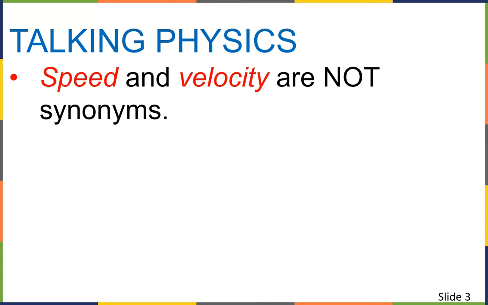It's taking the size, what we call the magnitude, of the value with its units, but not the direction. So speed is a scalar. The name for something that has just magnitude without direction is scalar, S-C-A-L-A-R. Velocity is a vector. Vector is the name for something that has direction.